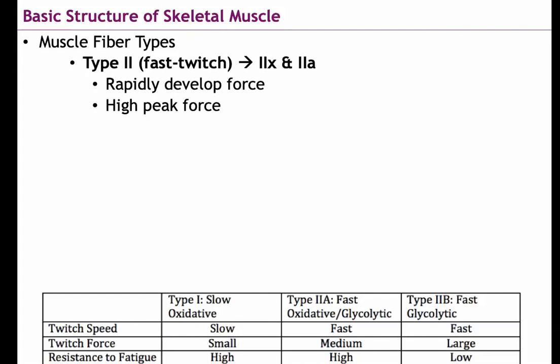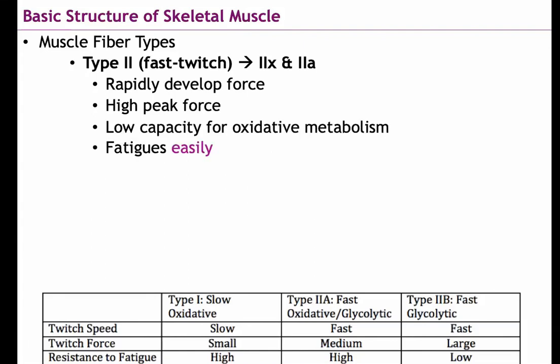They produce ATP rapidly, but at a very low capacity. So low capacity for oxidative metabolism, but a high capacity for anaerobic metabolism. Remember, they're glycolytic fibers. They rely on glycolysis for energy, to move, to contract. So low oxidative, but high anaerobic.